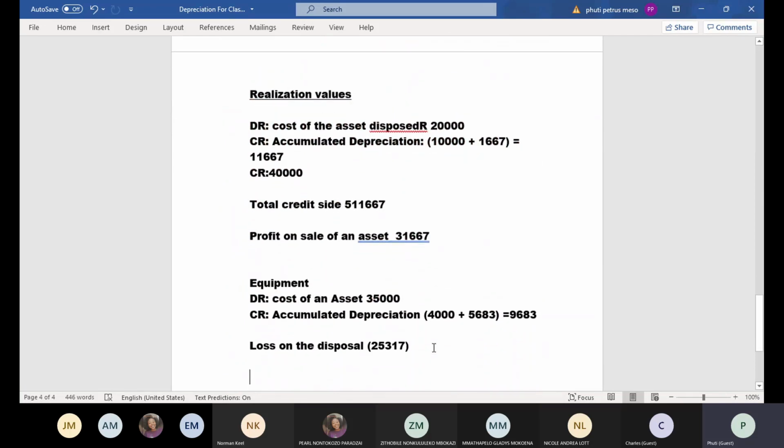Actually, I think I made a mistake. That amount was supposed to come here. Right, 15,000 minus 9,683. Sorry, we're supposed to say 15,000 Rand here.